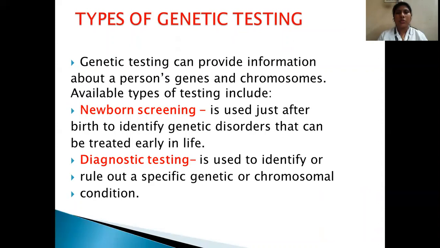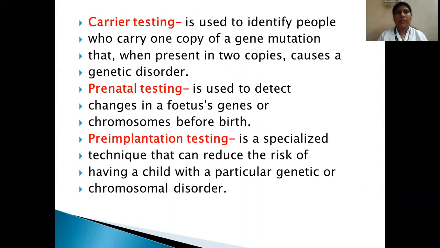It is used to identify or rule out a specific genetic or chromosomal condition. Then carrier testing. It is used to identify people who carry one copy of a gene mutation that, when present in two copies, causes a genetic disorder.